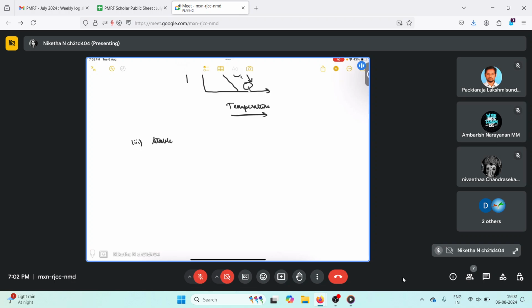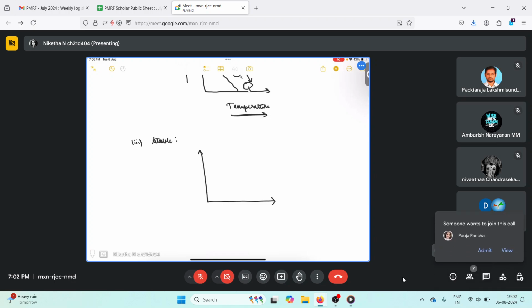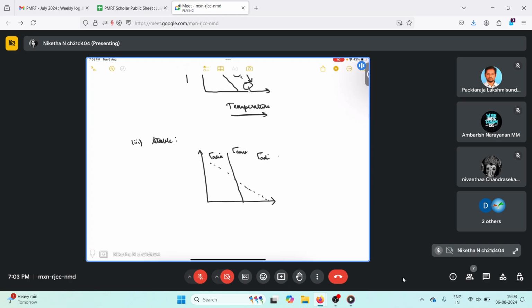The next condition is the stable condition. So here, if this is your environmental lapse rate, and this is your adiabatic lapse rate, so here your adiabatic lapse rate is going to be higher than your environmental lapse rate.